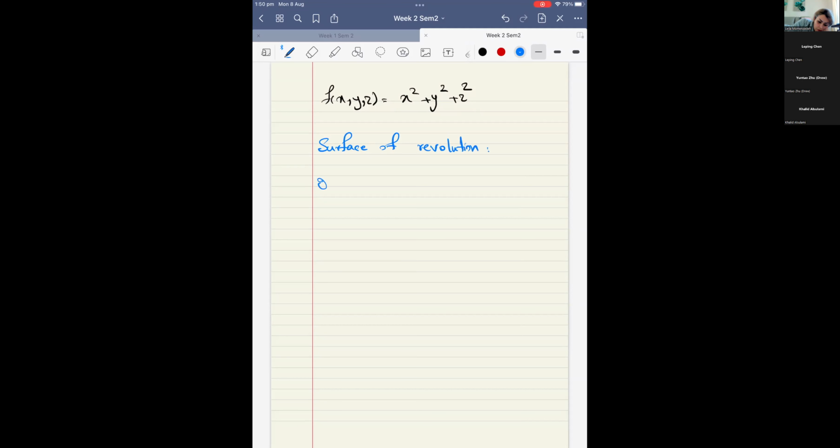Graph of z equal f of x in, for example, the xz plane for x greater than or equal to 0.